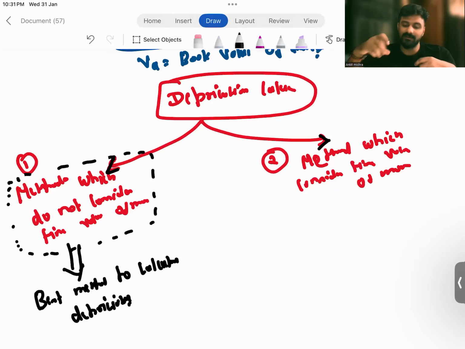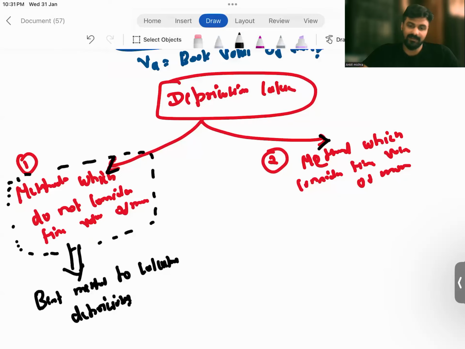So if you use the method which does not consider the time value of money, it will give you more depreciation amount in the early phases of your plant or asset life. So you will be able to save more tax and more cash inflow will be there. That's why the method which does not consider time value of money is more beneficial for calculating depreciation.